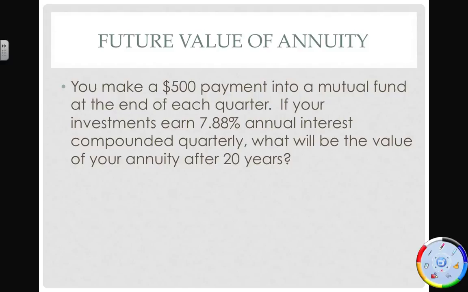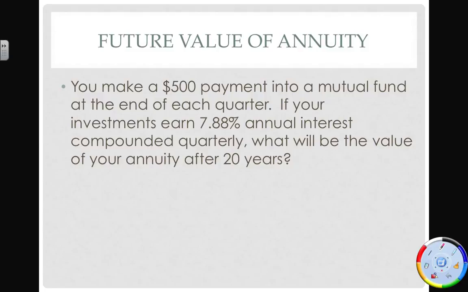So let's say you put $500 into a mutual fund, which is basically an account that earns interest at the end of each quarter. If your investments earn 7.88% annual interest compounded quarterly, what will be the value of your annuity after 20 years? So we need some stuff.